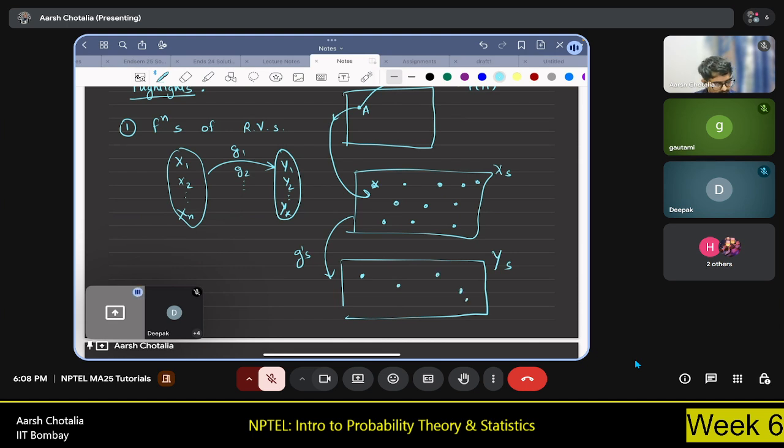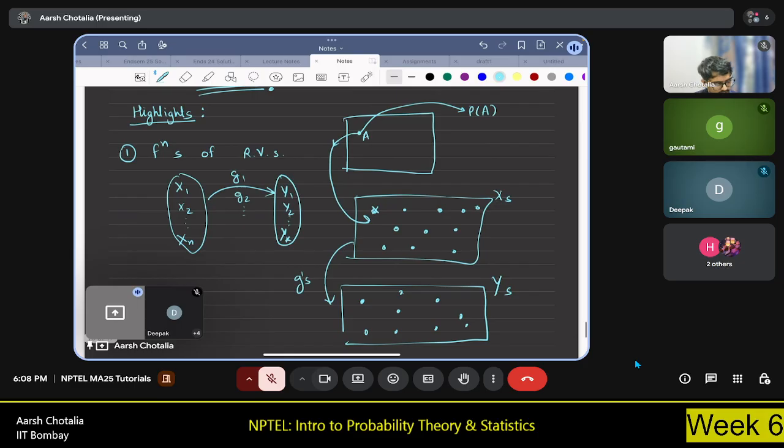And it's possible that all these x's were functions of these events, right? So this event went to this one, maybe this one went to this one, maybe this was the same as this. And now we are translating this space into a new one, the Y space.